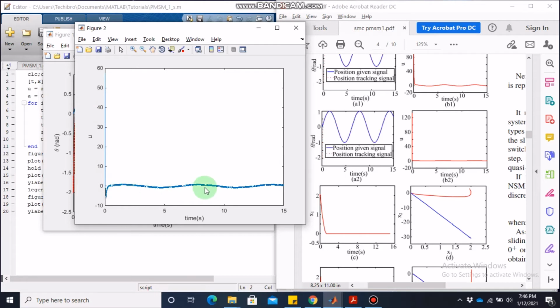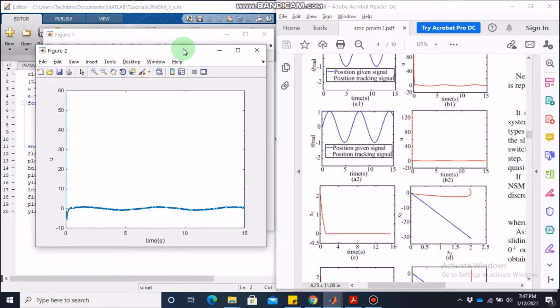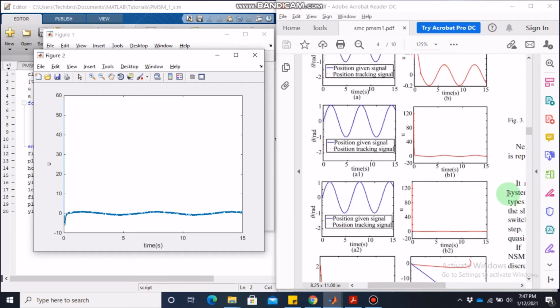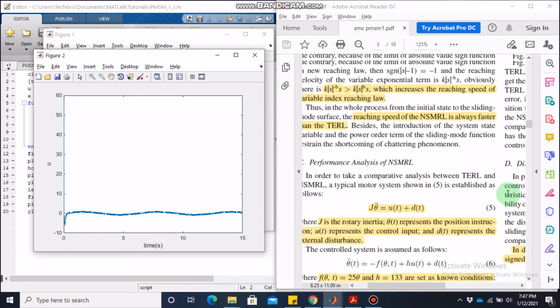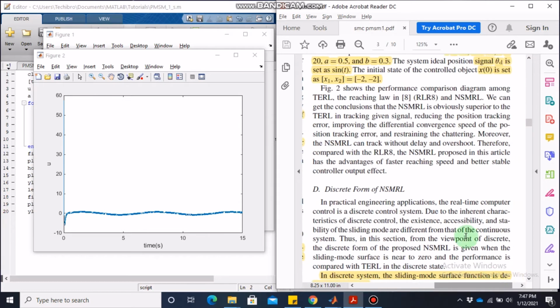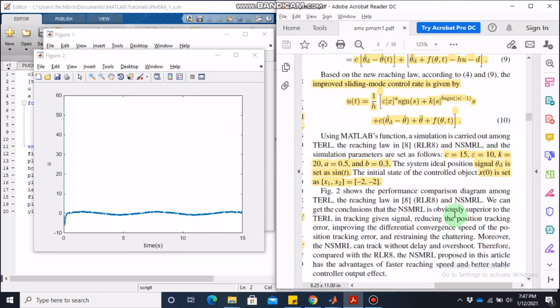The behavior is quite similar, but not exactly the same. The only difference between this paper and my code is that I am not convinced that this is theta double dot. I really think that this is theta double dot desired. So that's the only difference I can tell.